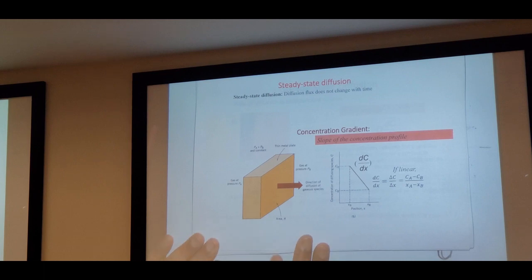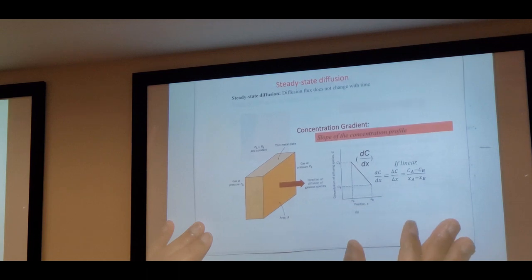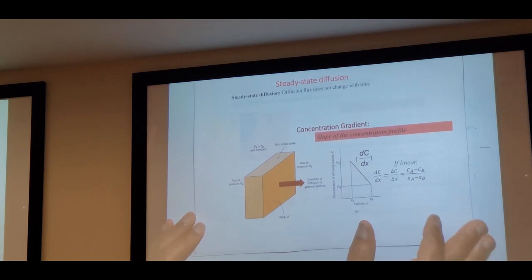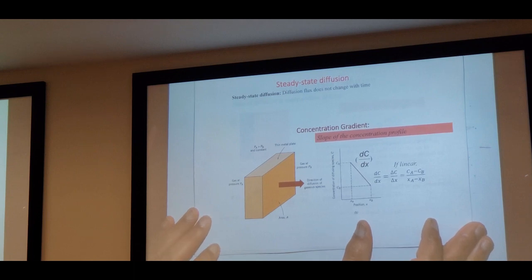Now there is something called steady state diffusion. It's important to know what steady state diffusion is, and there is another one coming, non-steady state diffusion, which you will see in the next slides. Steady state diffusion is something like this.